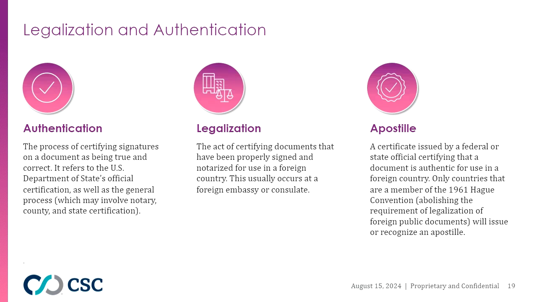But if the country that you're taking your document to is not part of the Hague Convention, and there are still about 60 or 70 some countries that are not part of it, you have to go through the authentication and legalization process. That's when you're taking that original document to the U.S. State Department, where they're going to do a certification on it.